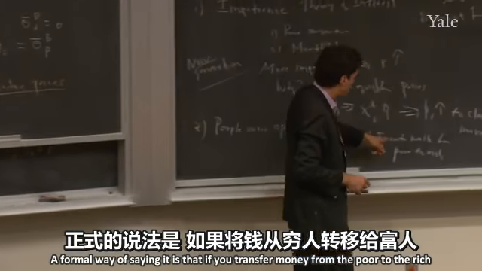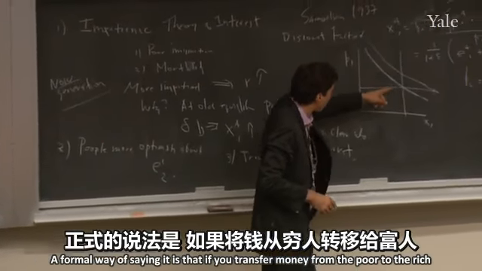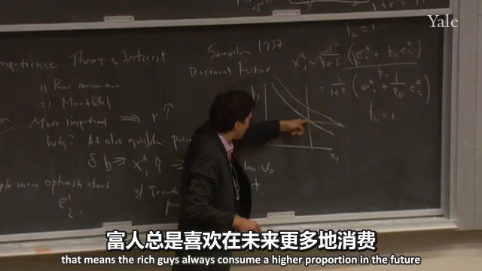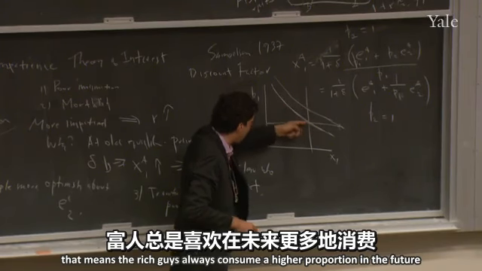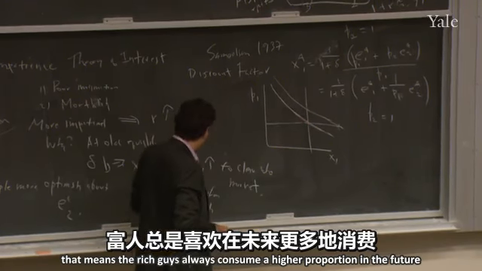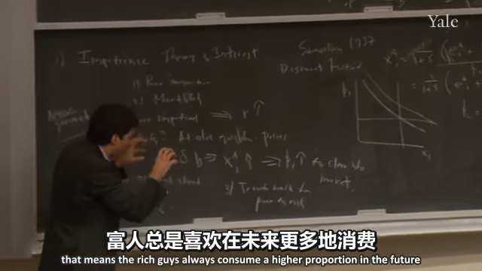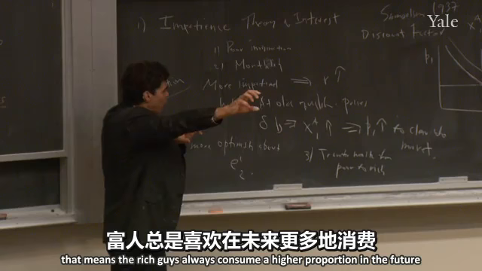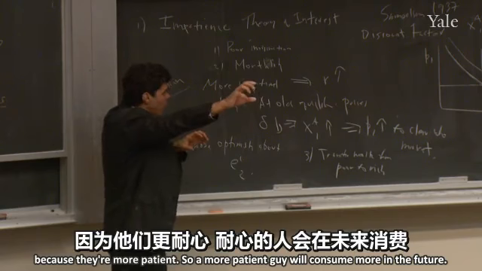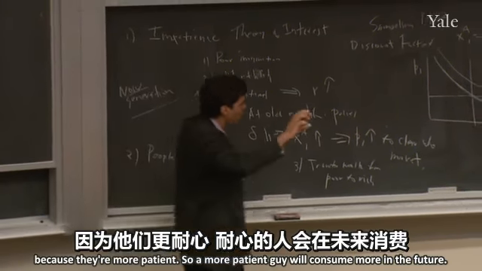Or a formal way of saying it is that if you transfer wealth to the rich, the rich guys always consume a higher proportion in the future because they're more patient. So a more patient guy will consume more in the future.